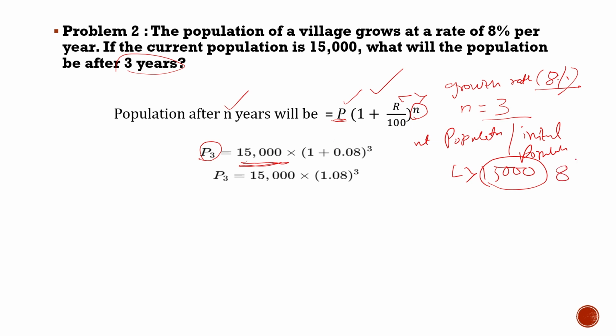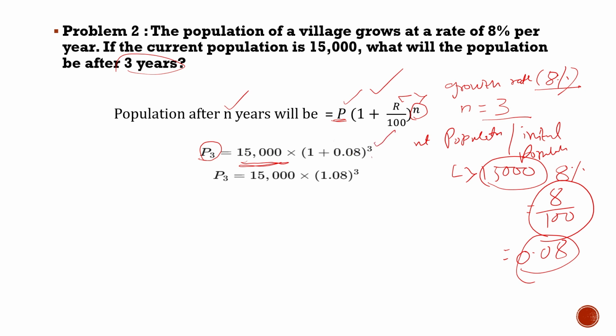8% means actually 8 by 100, right? And 8 by 100 means 0.08. If you divide this, you will get 8 by 100 is 0.08. So we have directly written here 1 plus 0.08 whole to the power 3. Why 3?